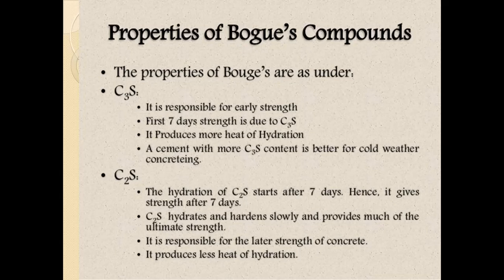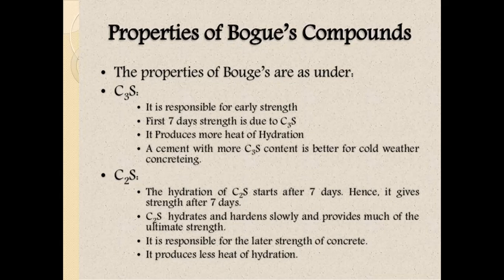So the hydration of the dicalcium silicate starts after 7 days, so it is responsible to give strength to the cement or the concrete after 7 days. It produces less heat of hydration.